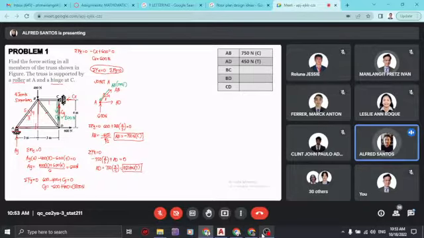Okay, so tapos na tayo sa joint A. So saan yung next? So it's either you move at joint B or joint D, no? So pwede naman kahit alin, no? Pero sa flow ng discussion ko, unahin ko na si joint B, kasi ito yung susunod na sagot eh. Okay, so joint B tayo.